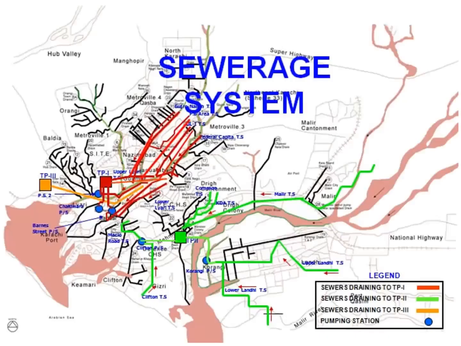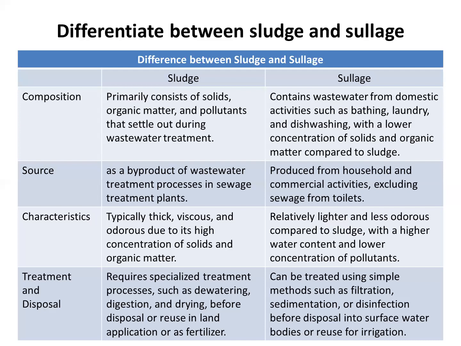And this is one of the pictures from the sewage system. You can all appreciate that there is TP1, TP2, TP3, and other systems as well. Now, regarding the differentiation between sludge and sewage. The composition of sludge primarily consists of solids, organic matter, and pollutants, and the sewage contains wastewater from domestic activities such as bathing, laundry, and dishwashing.